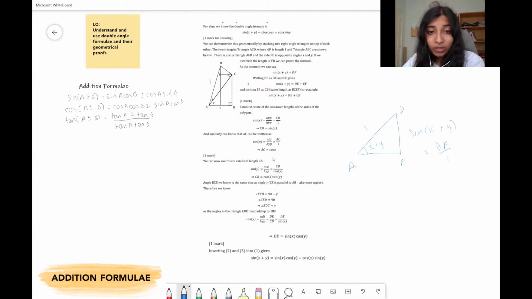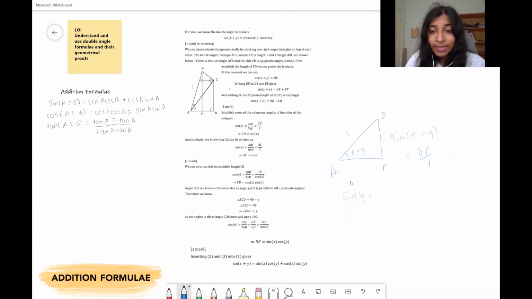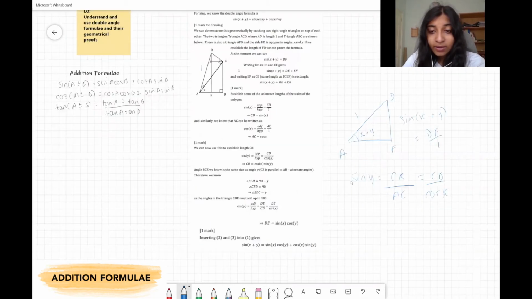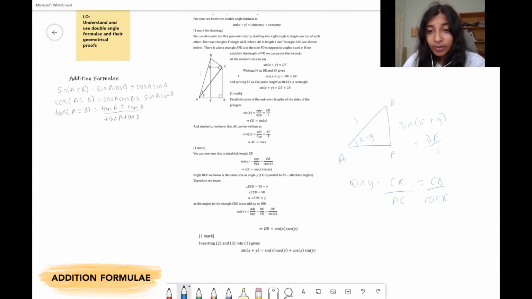And previously we know that AC is equal to cos x, so that means sine y is equal to CB over cos x. If we multiply this out, we get sine y cos x is equal to CB. So that's what we have over here.